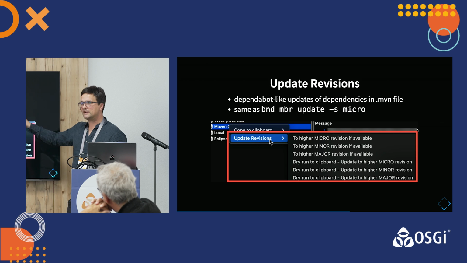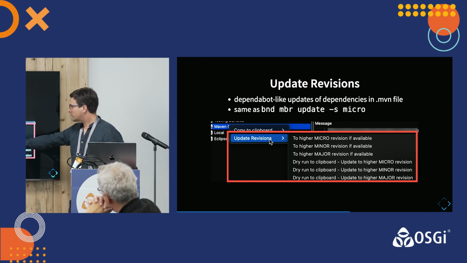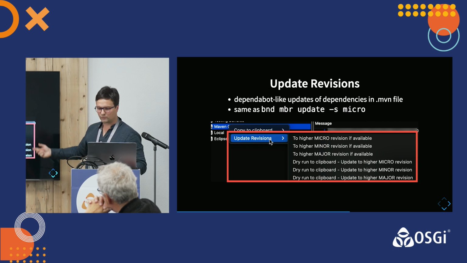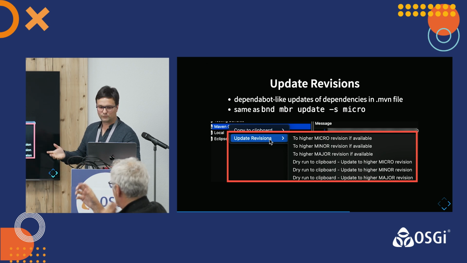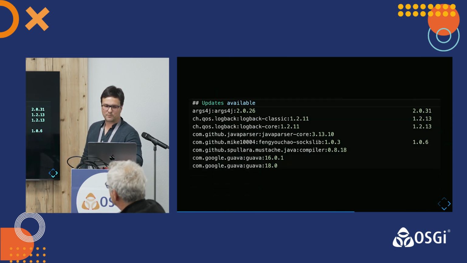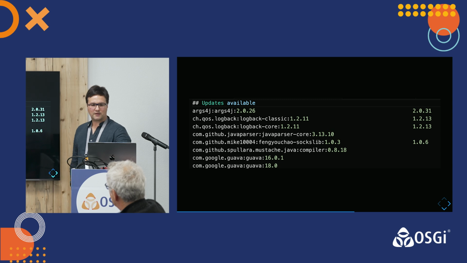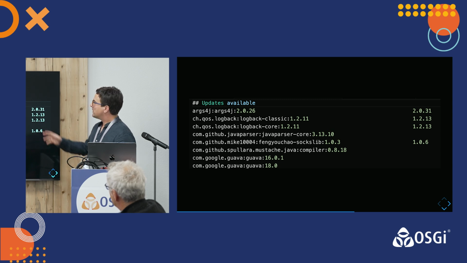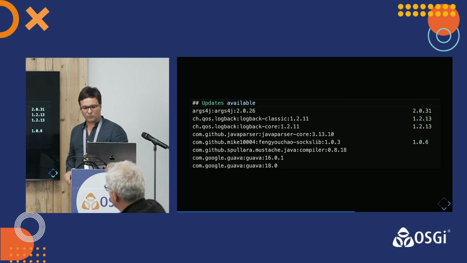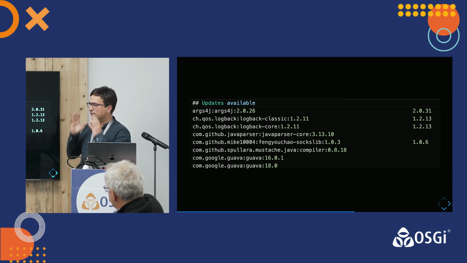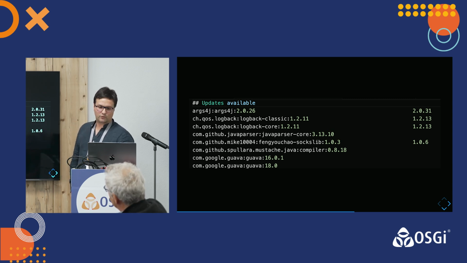It modifies your MVN file, and the dry run is basically pretending to do this, but copies what it would do to your clipboard. You could preview it, and if you paste this to a text editor, you see that there are updates available for this bundle, and then you maybe go a bit more selectively and apply the changes to your repository.